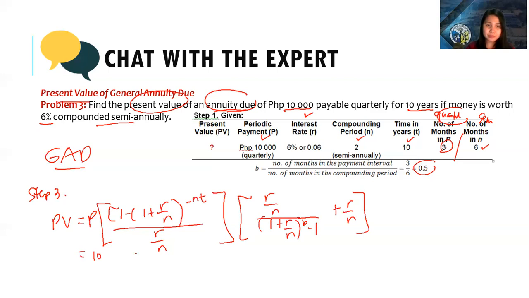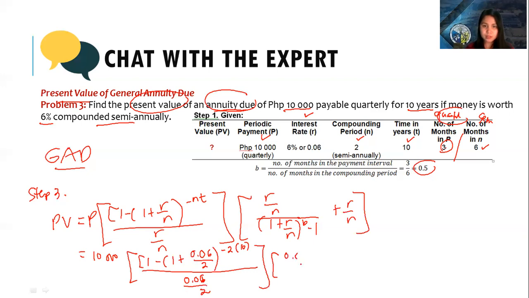We have 10,000, R over N, of B minus 1 plus R over N. Using this one, the answer will be 304,230 pesos.